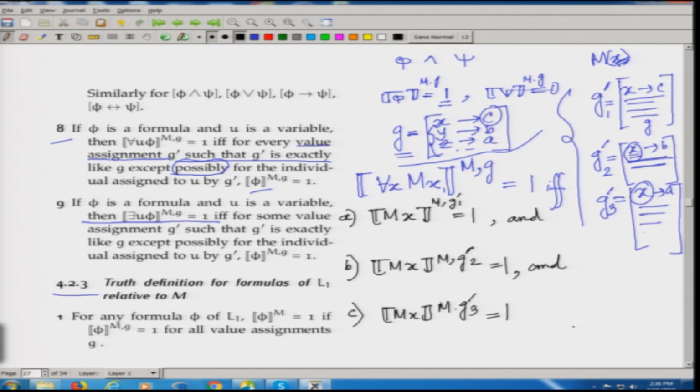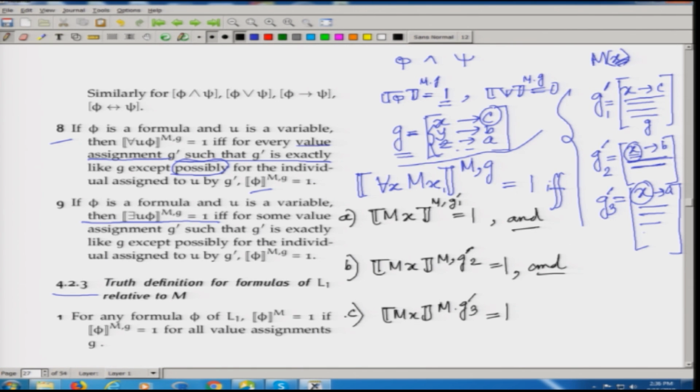Now, because there is an AND, we must satisfy each condition, that is A, B and C. We shall see whether all these conditions are satisfied.